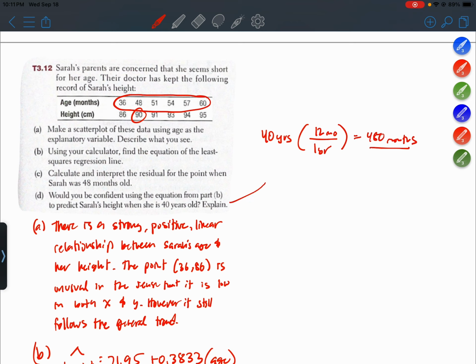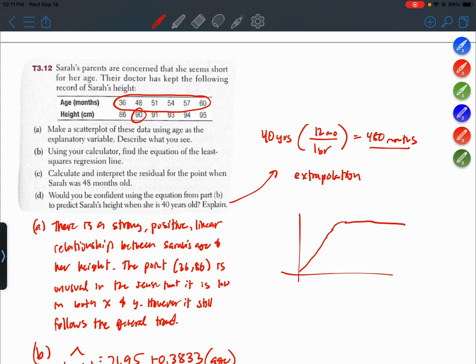In fact, what question D is testing you on is your knowledge of extrapolation. This would be a severe extrapolation. In other words, it would be a prediction that might not be very accurate. We shouldn't have a lot of trust in that. If you think about how humans grow, humans have a growth spurt when they're young, and then when you reach adulthood, 18, 25 years old, you stop growing.